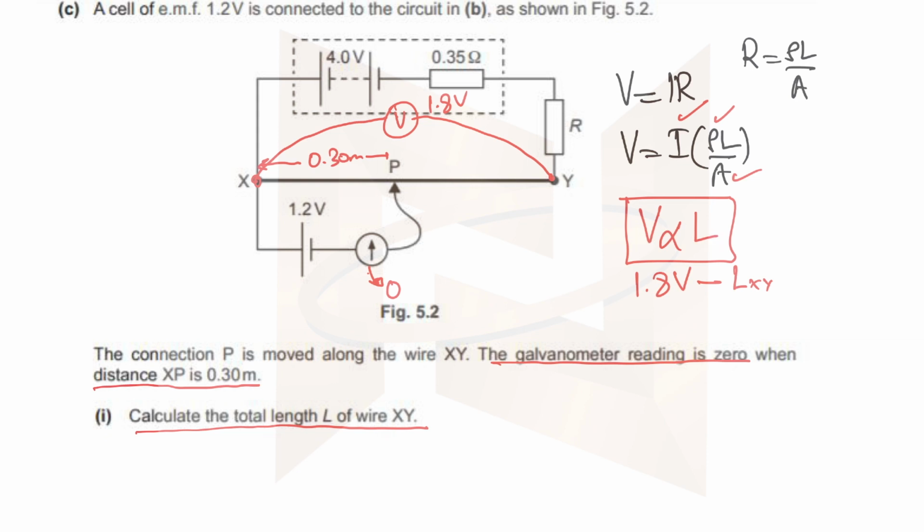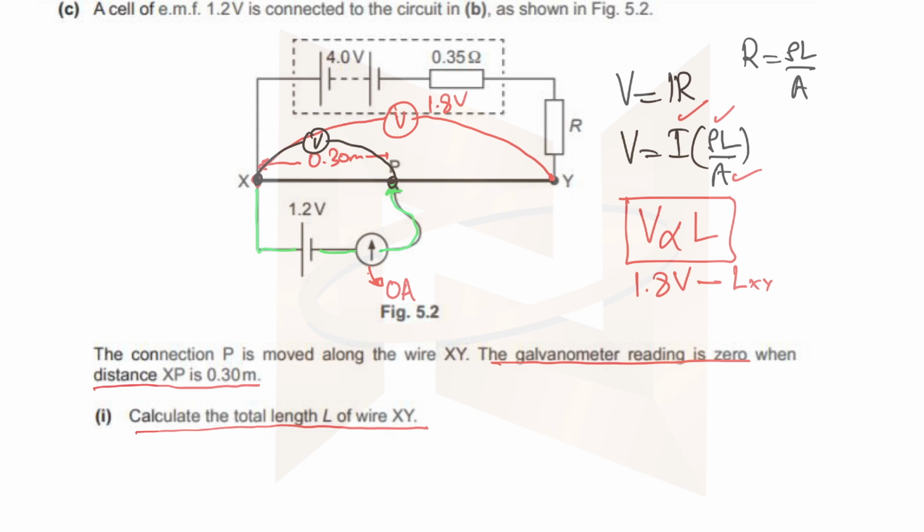Here you're given that this length is 0.3 and this galvanometer reading is 0 ampere. What does that mean? That there is no current in this part of the circuit. Now, why is there no current in this part of the circuit? Try to understand. The reason is very simple, because the voltage between X and P, if I connect a voltmeter over here, what is that voltmeter reading if there is no current?